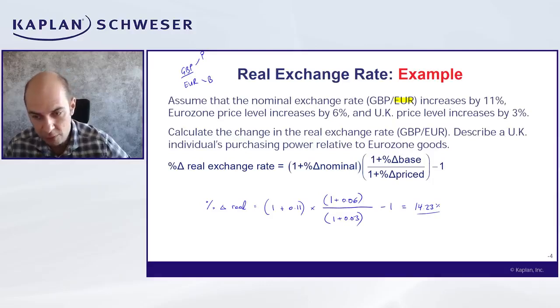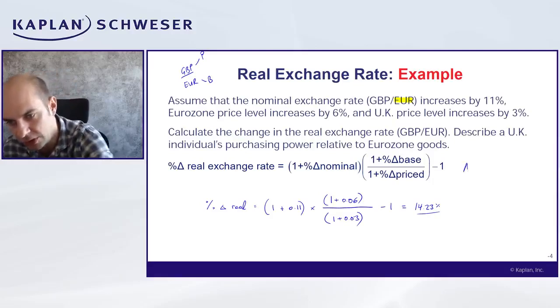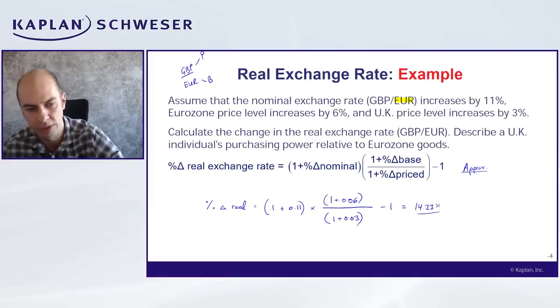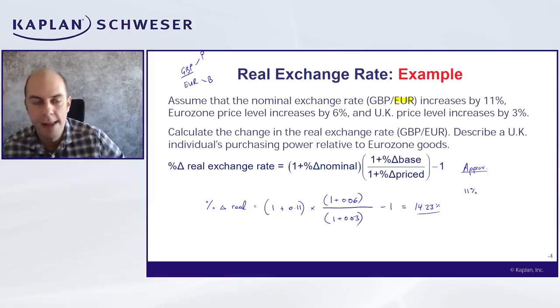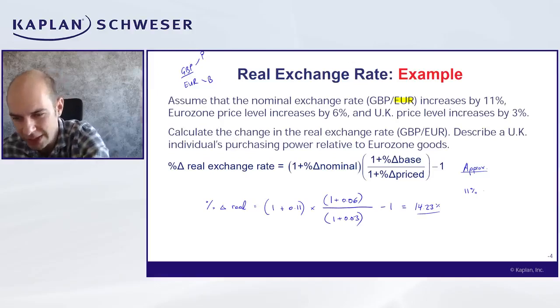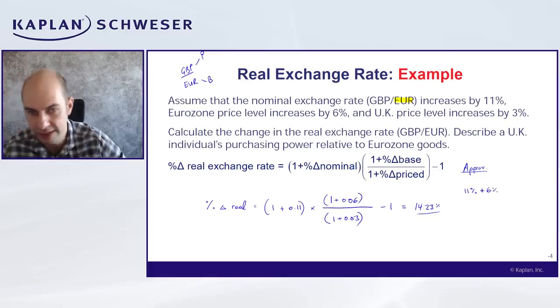But just before we do that, there is an approximate solution. If you don't like compounding like that, the approximate solution is to say that the euro appreciated by 11% in nominal terms. Then also the Eurozone goods became 6% more expensive, so we add 6% to that number to get 17.